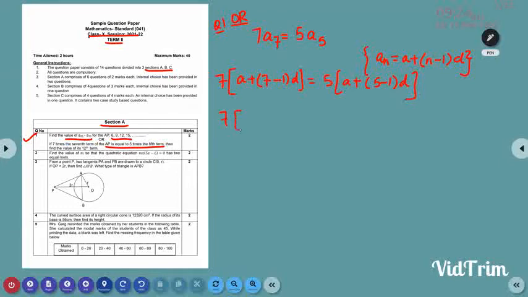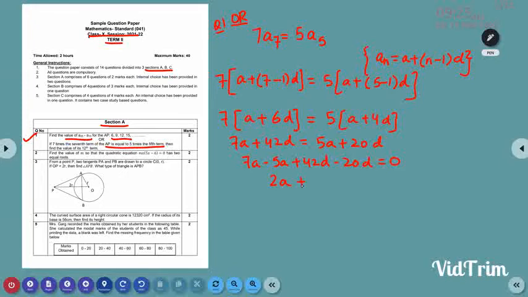Then it will be 7A plus 42D is equal to 5A plus 20D. On simplifying, 7A minus 5A plus 42D minus 20D will be equal to 0. So this will be 2A plus 22D is equal to 0.